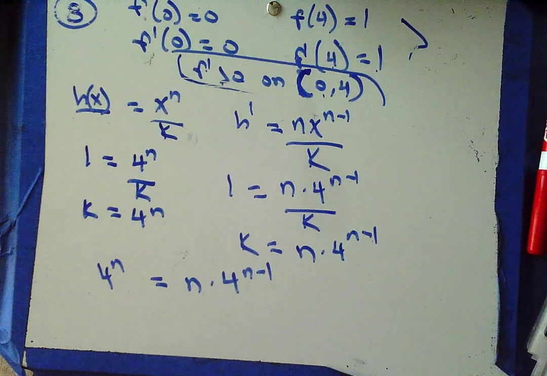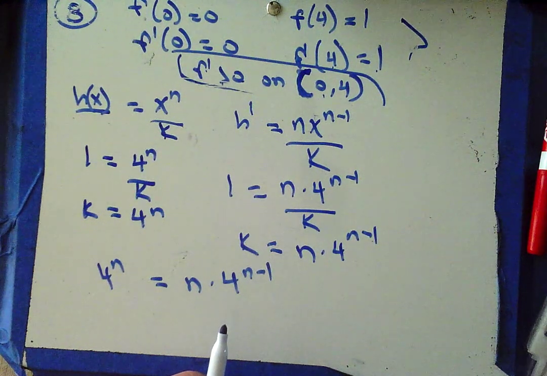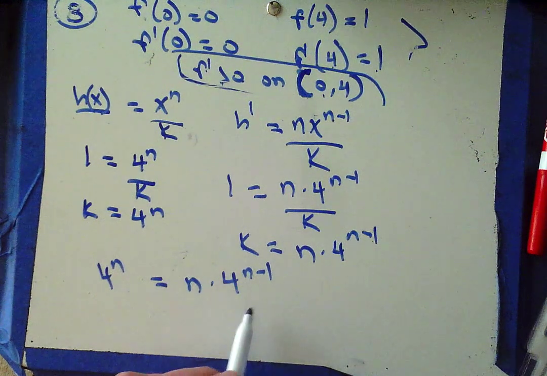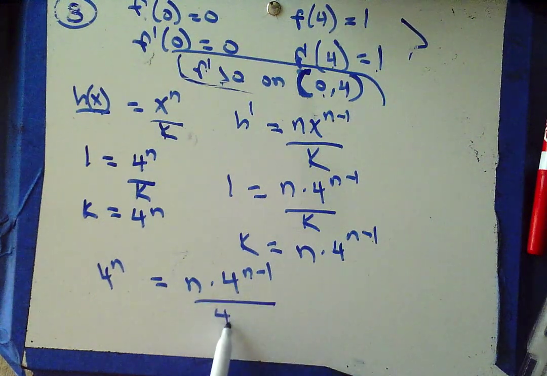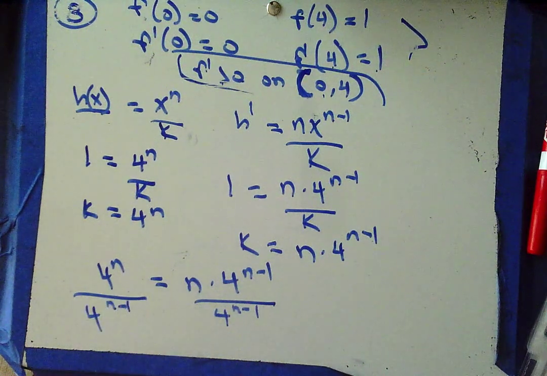So I set them equal to each other, and how about we divide both sides by 4 to the n minus 1.